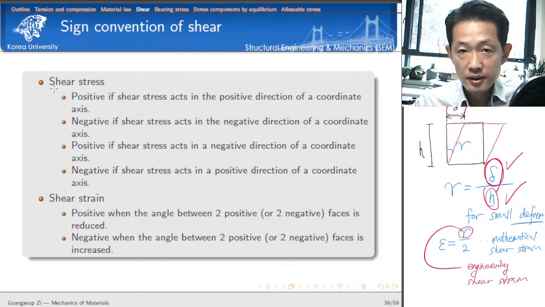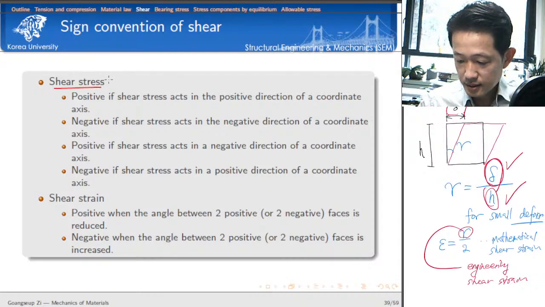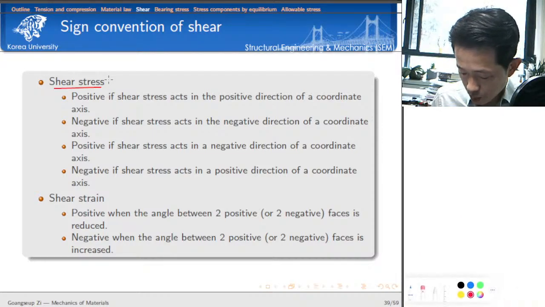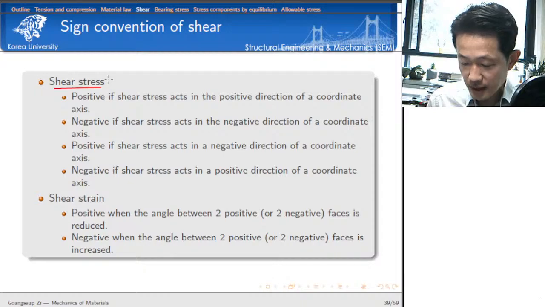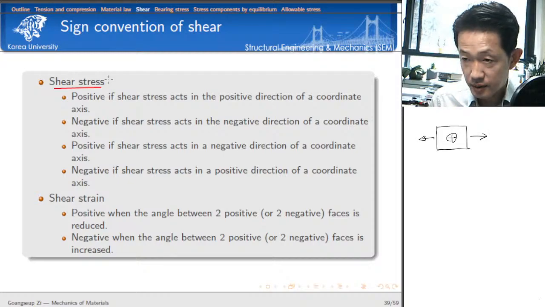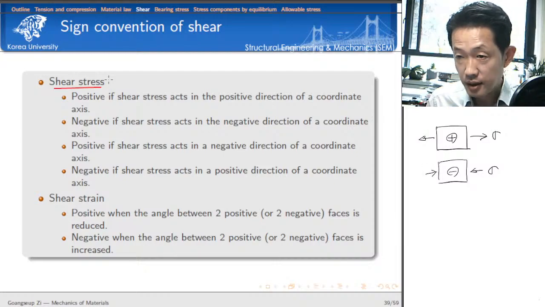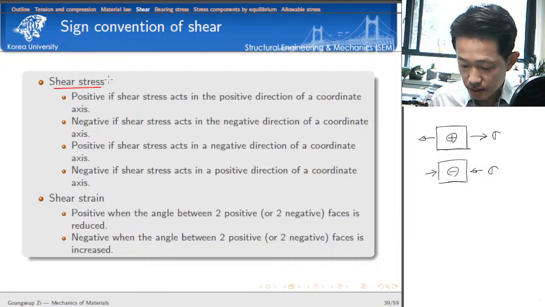Okay, so now let's talk about the sign convention for the shear stress. We'll discuss the physical meaning of the sign convention later in detail. But in the case of normal stress, the stretch of material is positive. This is a positive normal stress. And then compression of material is negative normal stress condition.